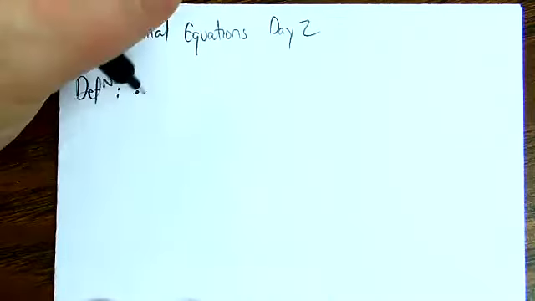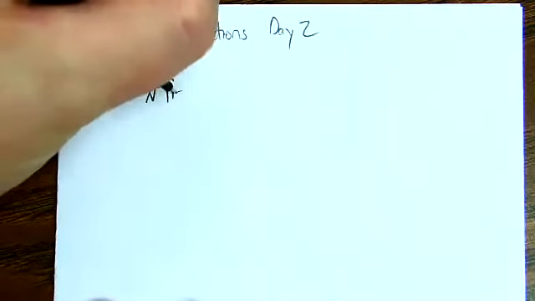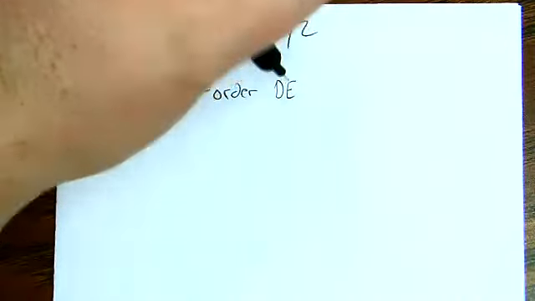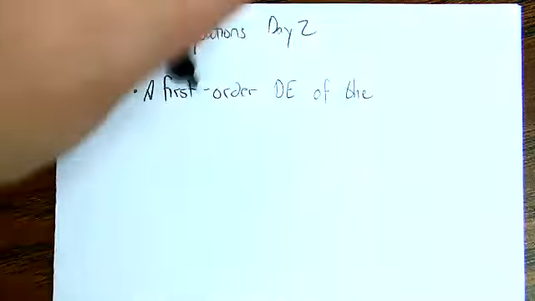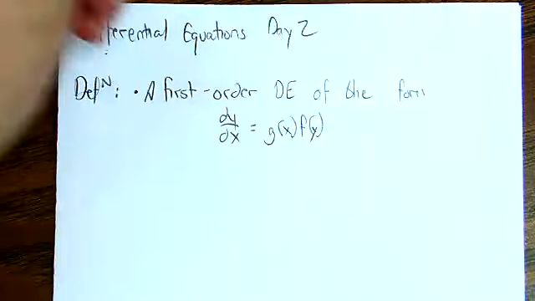let's remind ourselves of a specific type of differential equation, a first order differential equation, which is of the form dy dx is equal to some function of x times some function of y.